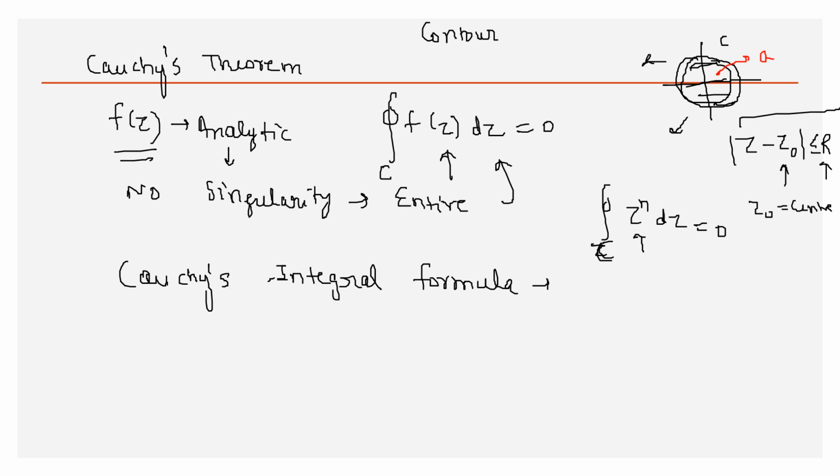Okay, inside the region. Then if I have to find out the value of the function at that point, that will be equal to 1 upon 2 pi i, contour integral of f(z) dz divided by z minus a. Okay, z minus a is that point. This is Cauchy's integral formula.